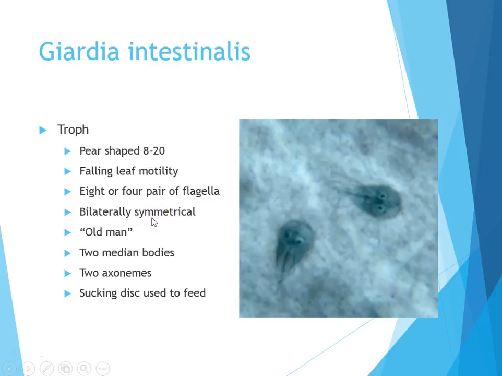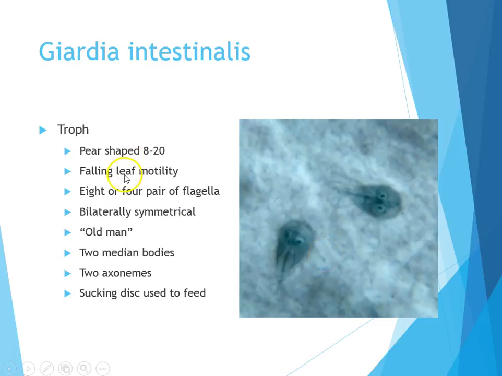Okay, Giardia. This one used to be called Giardia lamblia, but they have changed the name to intestinalis. These are really easy to identify because they don't look like anything else. The troph is pear-shaped. It's 8 to 20 micrometers.